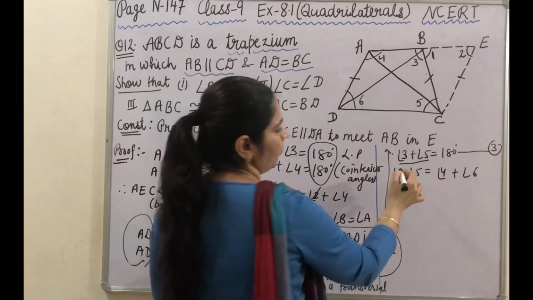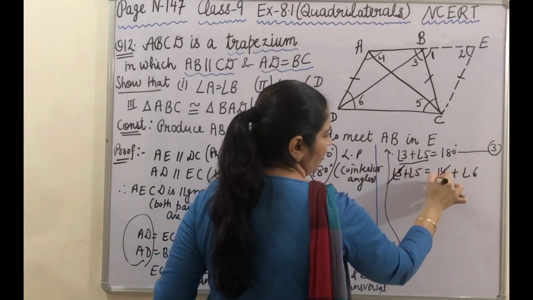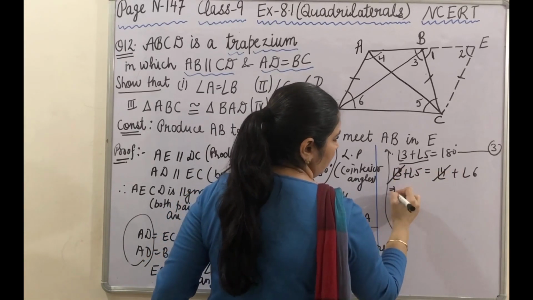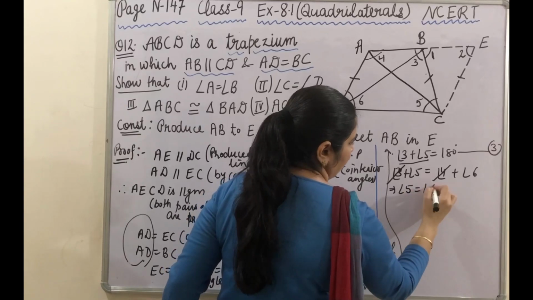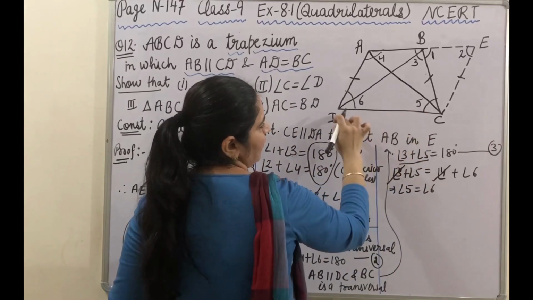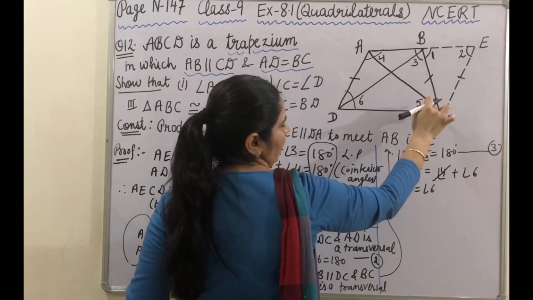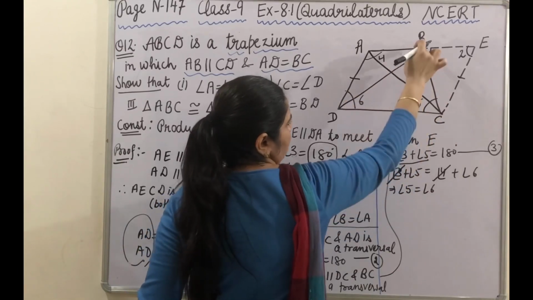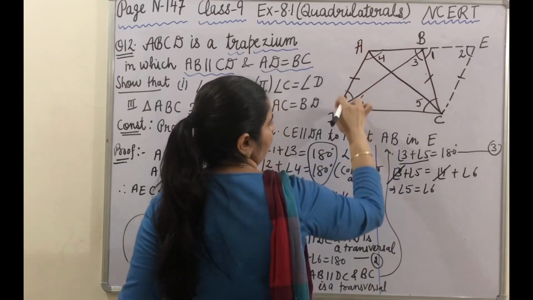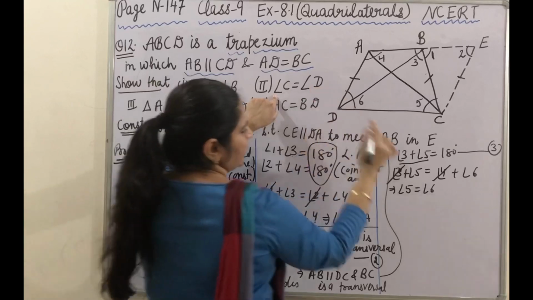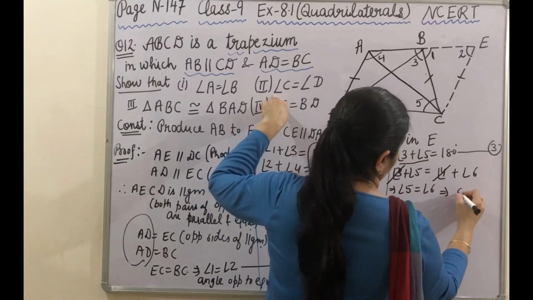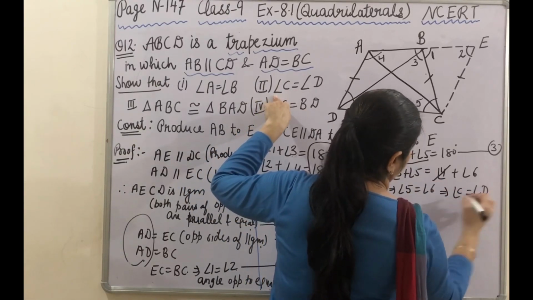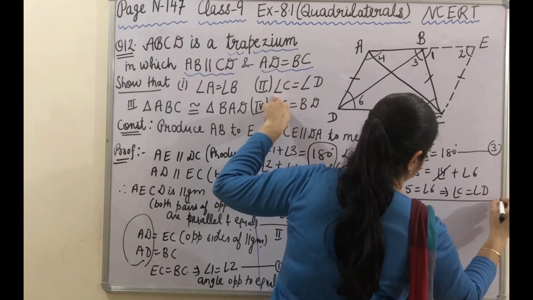Already we have proved, so I can cancel angle 3 and angle 4. So angle 5 is equal to angle 6. Angle 5 is actually angle C and angle 6 is angle D. So we have proved this part also. Angle C is equal to angle D. This was the proof of the second part.